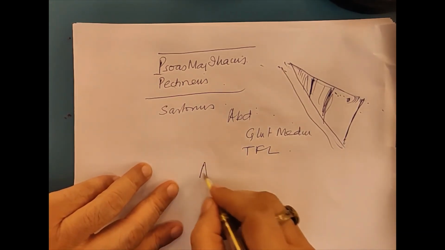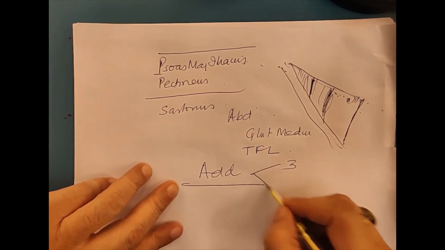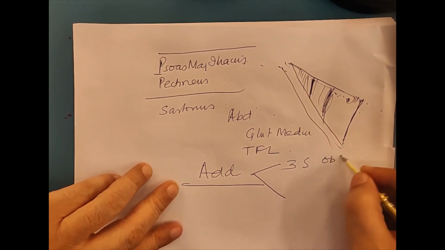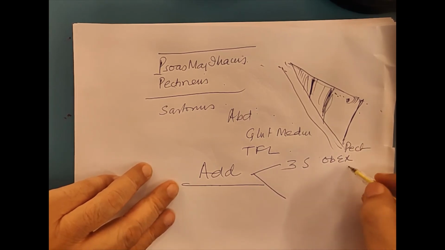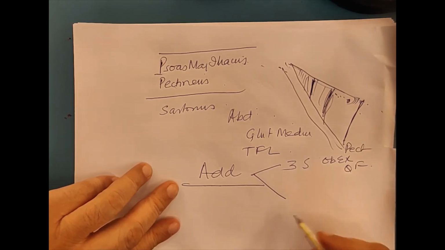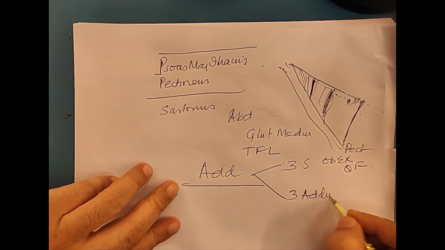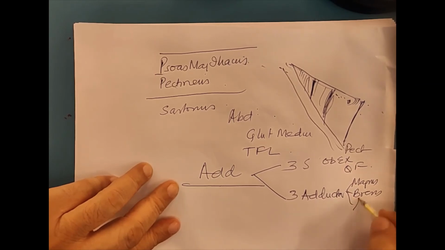Then you have the adductors, and adductors we told you are three superior or small ones, which is obturator externus sandwiched between pectineus anteriorly and quadratus femoris posteriorly. Then parallel to these three muscles on the top are the three adductors, the magnus, largest, then brevis, and then longus.